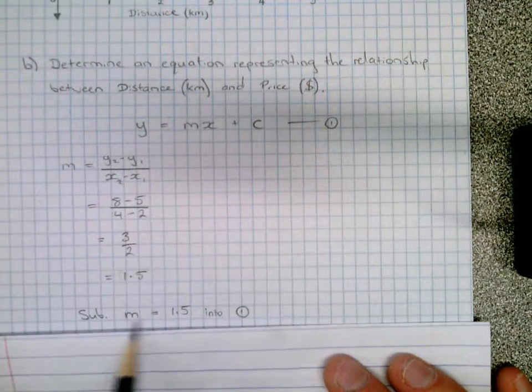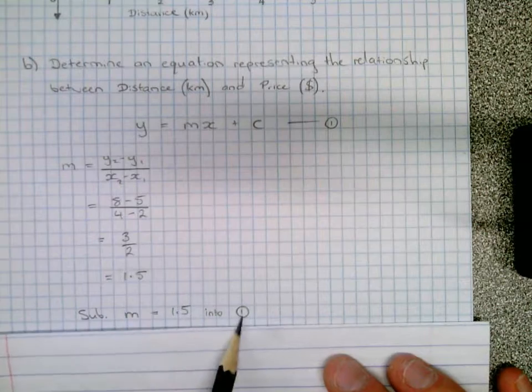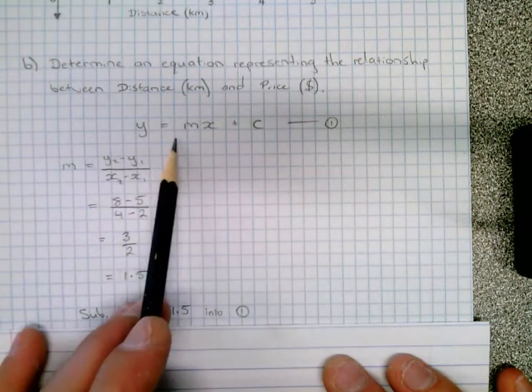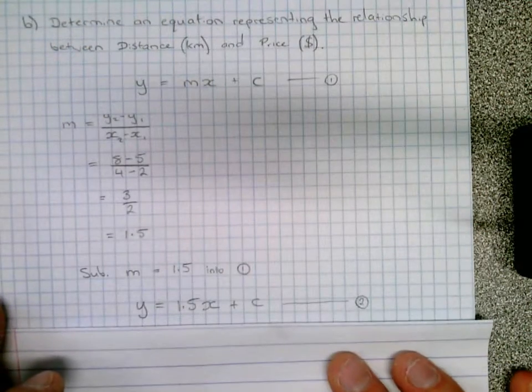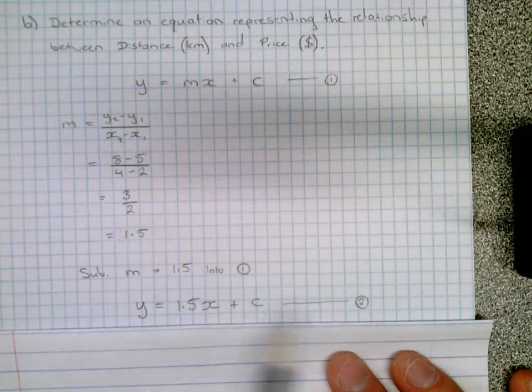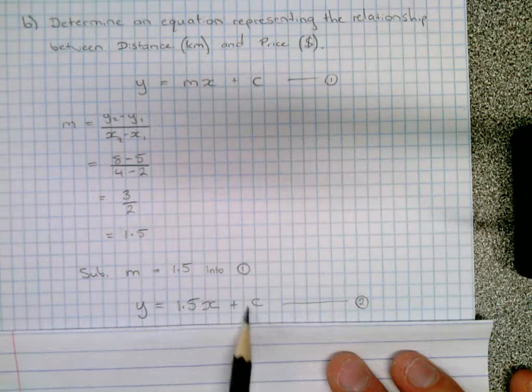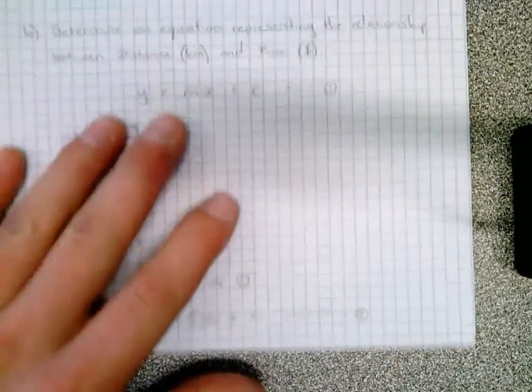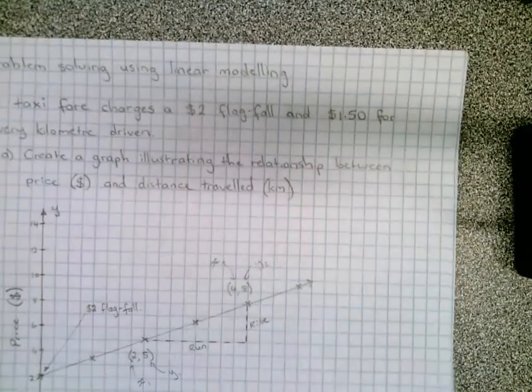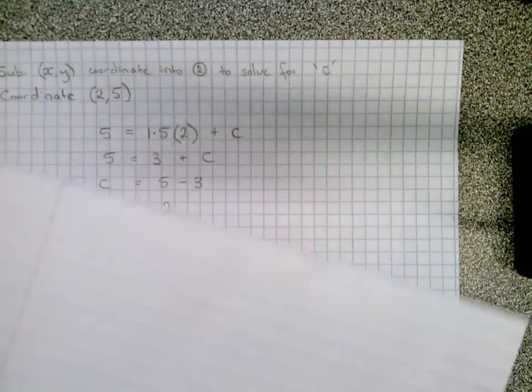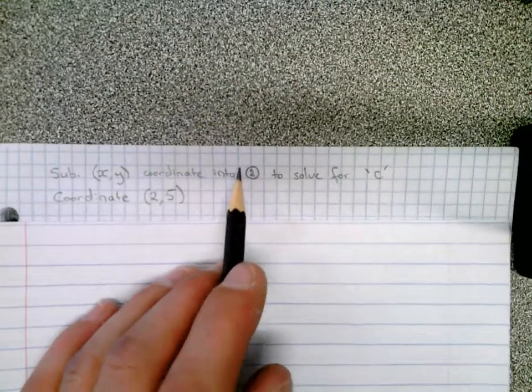I can then substitute that m value of 1.5 back into equation 1 to give me equation 2. The only difference is m now, I'll put 1.5. We'll see that c is still unknown, which means I'm going to have to calculate c, and that's what we're going to be doing over the page. Now it says sub an xy coordinate into equation 2 to solve for c.